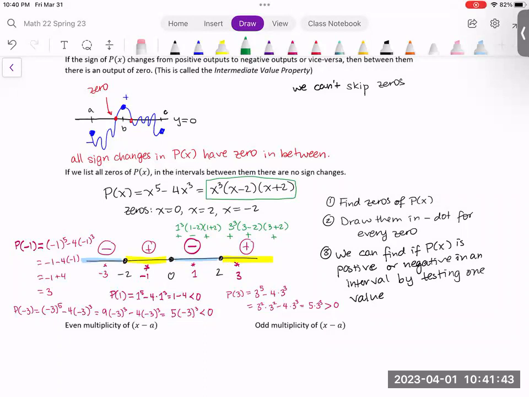And we can do the same sort of thing for the other terms. We have -1 cubed times -1 minus 2 times -1 plus 2. This is a negative times a negative times a positive, which gives us a positive. Great.